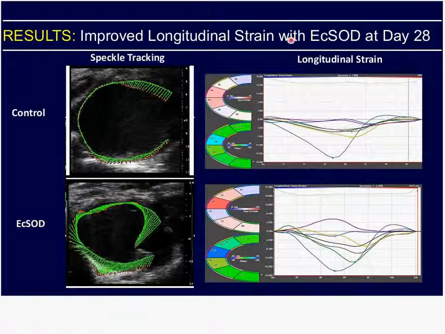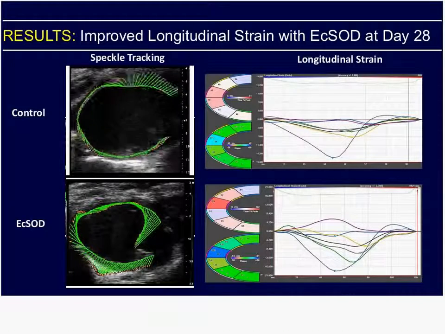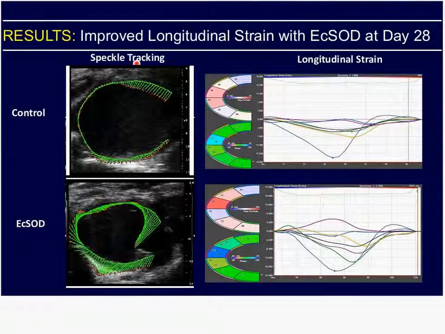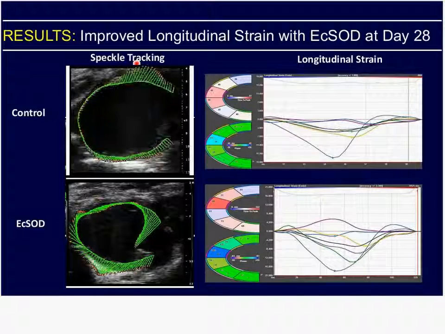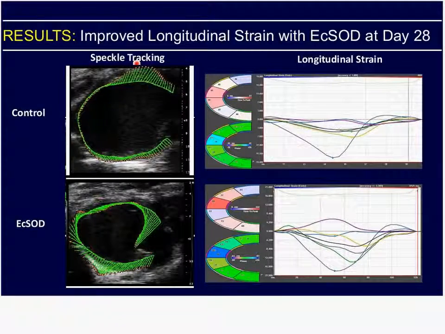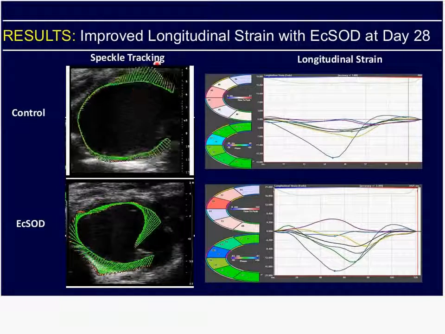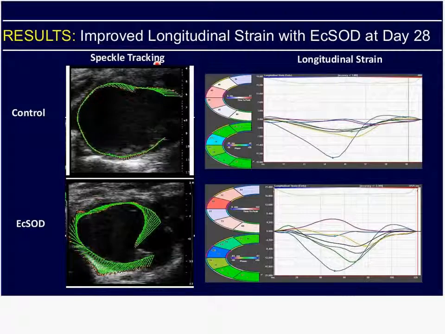Look at day 28 after MI in control mice, and again we've got a basketball-shaped heart. We've got variable strain in the infarct zone, and basically this mouse is living off of its basal aspect of the heart.